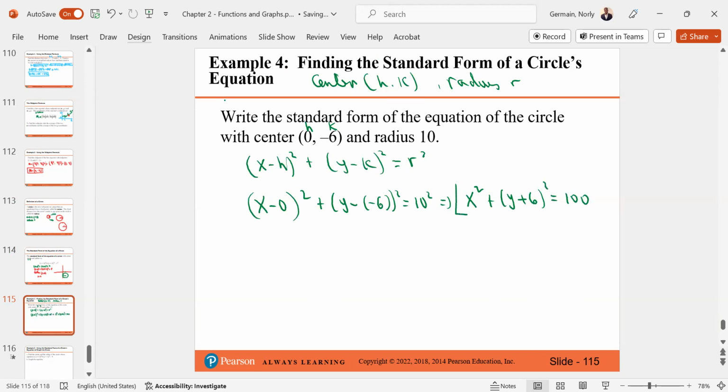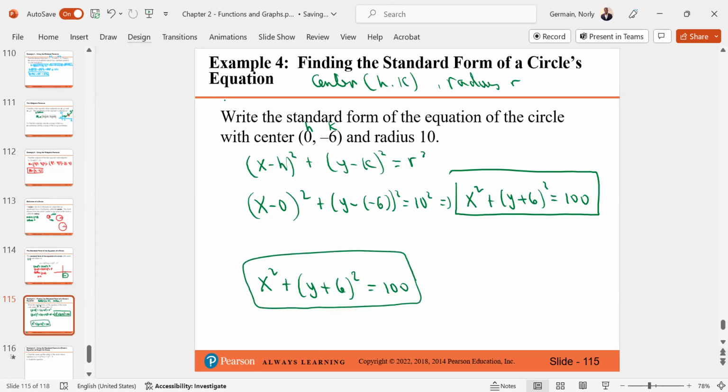So this is the standard form of the equation of the circle: x squared plus (y plus 6) squared equals 100.